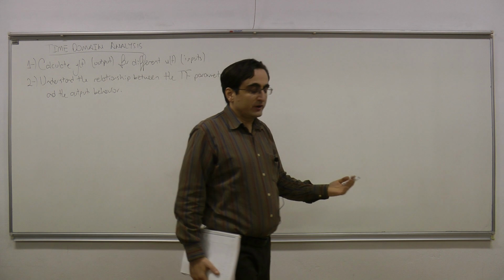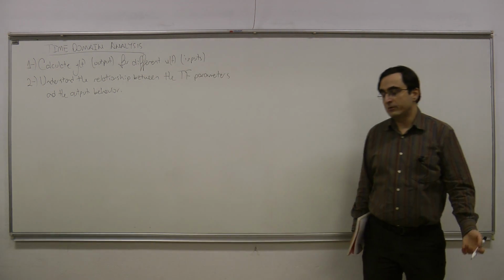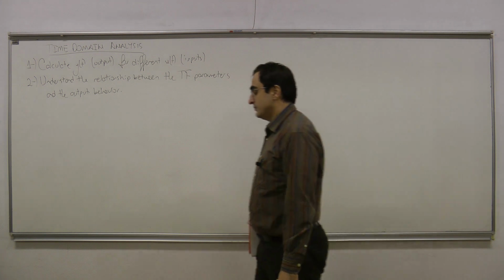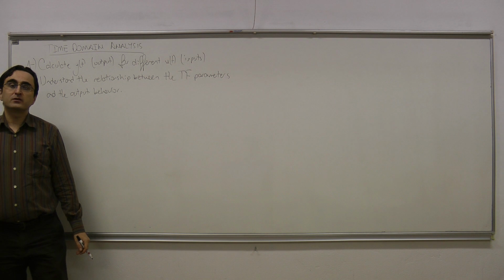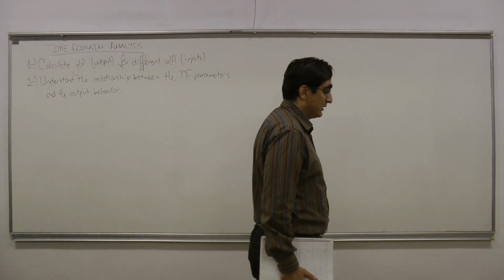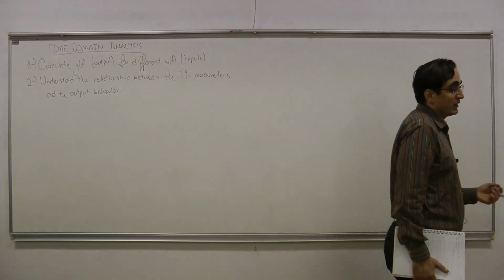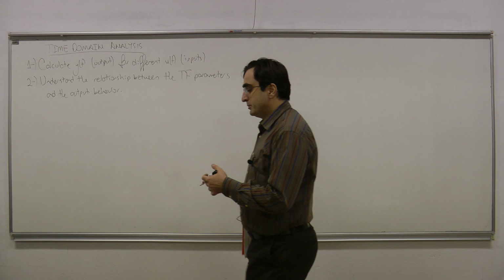So what is a transfer function parameter? It can be a pole or a zero of a system. So these are parameters of the transfer functions. Or it can be one of the coefficients in any of the polynomials in the numerator or denominator of that transfer function.